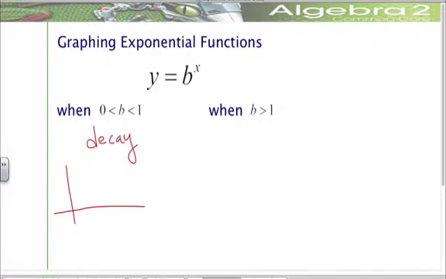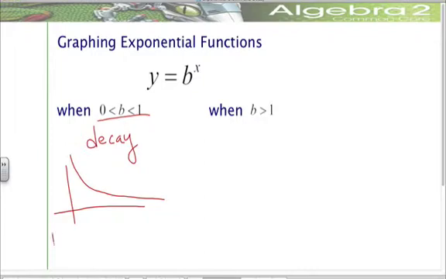When we see things that exhibit exponential decay, they decay very quickly at first, and then they start to level off. So that's a graph of something that is exhibiting exponential decay. Now, what we're talking about here in terms of b, we're talking about values of b that are between 0 and 1.